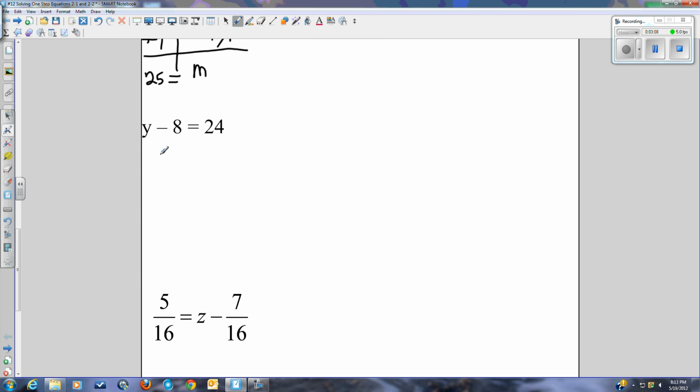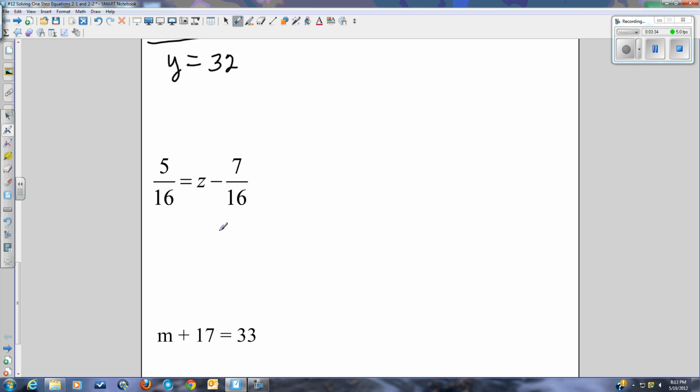Okay, y minus 8 equals 24. We want to get y by itself. What's happening to it? 8 is being subtracted from it. So the opposite of subtracting 8 is adding 8. So we end up with y is equal to, because the 8's cancel, 32.